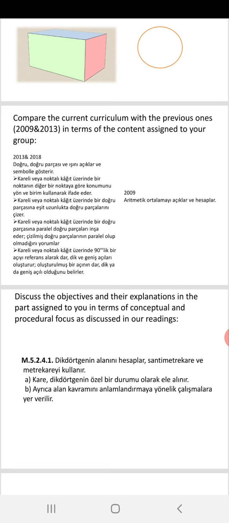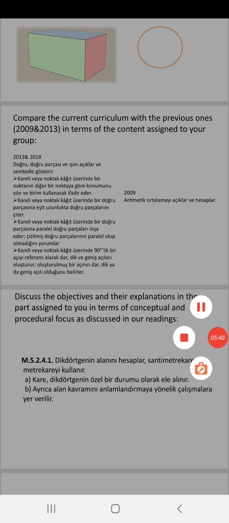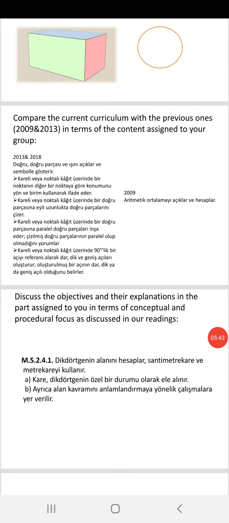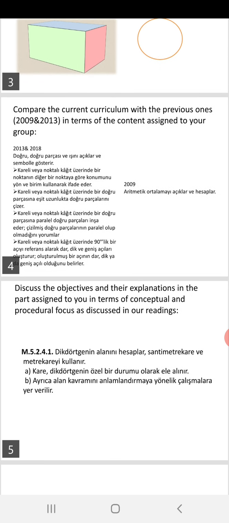First of all, compare the current curriculum with the previous ones. We see that the 2009 curriculum does not include the line segment part. I think this part is important for the basis of the next topics, and it takes place in both the 2013 and 2018 curriculum. In the measurement part, objectives in the 2018 curriculum are so similar to 2013.